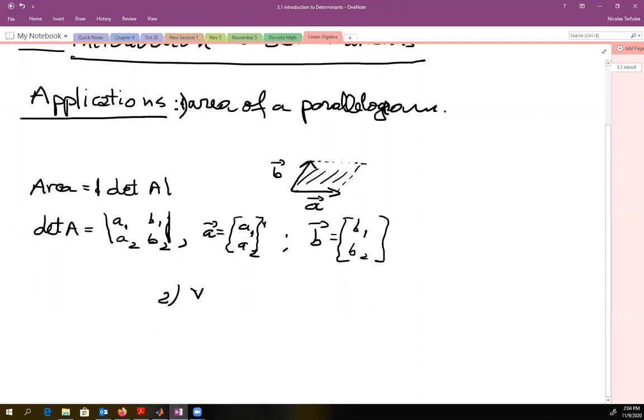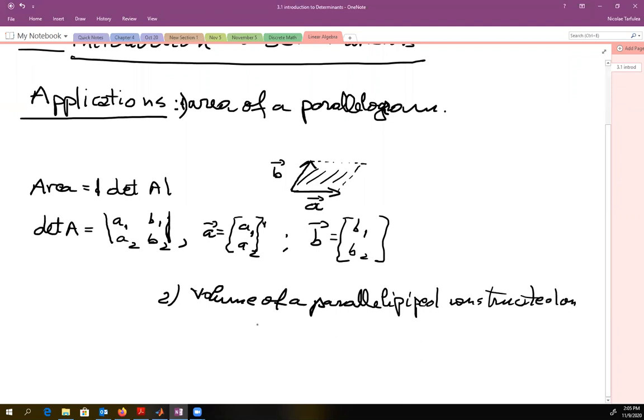The volume of a parallelepiped constructed on three vectors, A, B, and C, three-dimensional vectors.